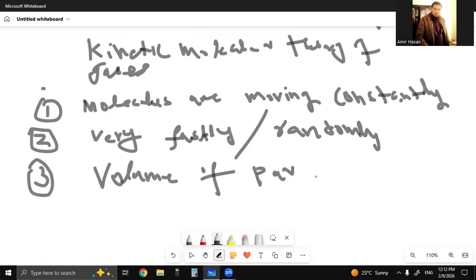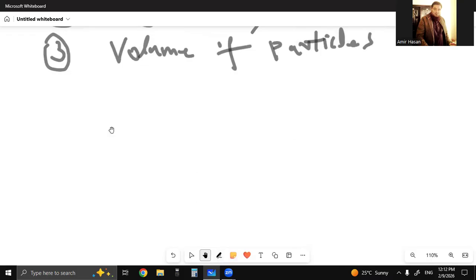We neglect it. The volume of the particles is negligible compared to the volume of the container. Every particle in a gas has very little volume, so we consider it as no volume.